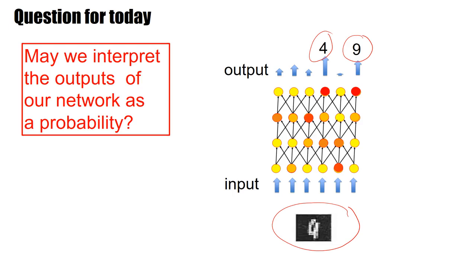Maybe an output y hat that says it's 0.6, maybe a y hat value 0.6 means that it's 60% that it's a 9, and it's maybe 38% that it's a 4, and then very few percents for the others. So the big question for today is, are we allowed to interpret the outputs of a neural network as a probability?